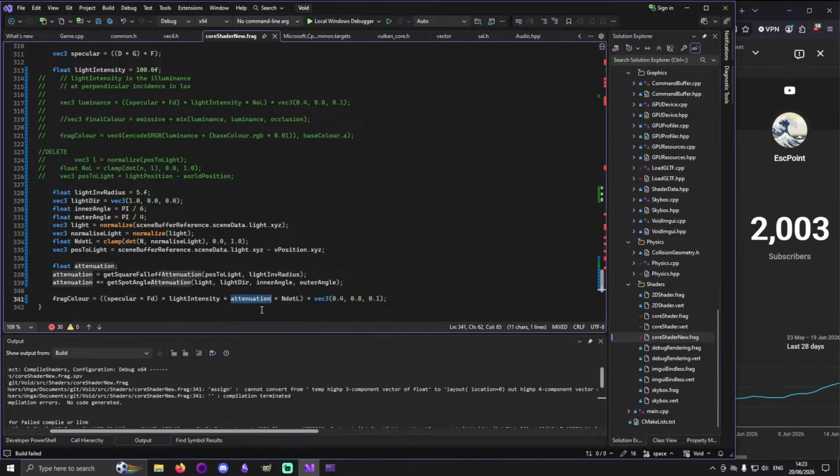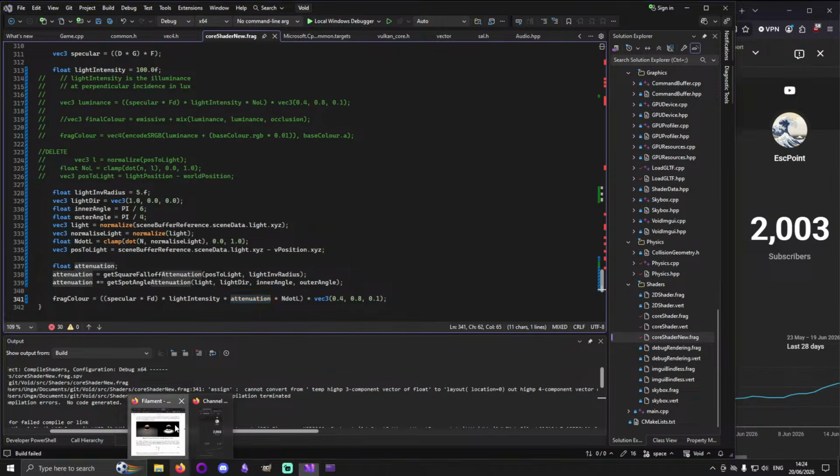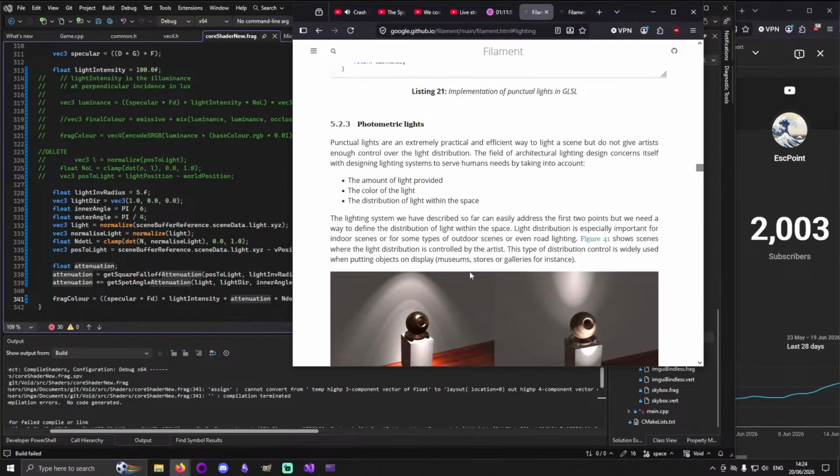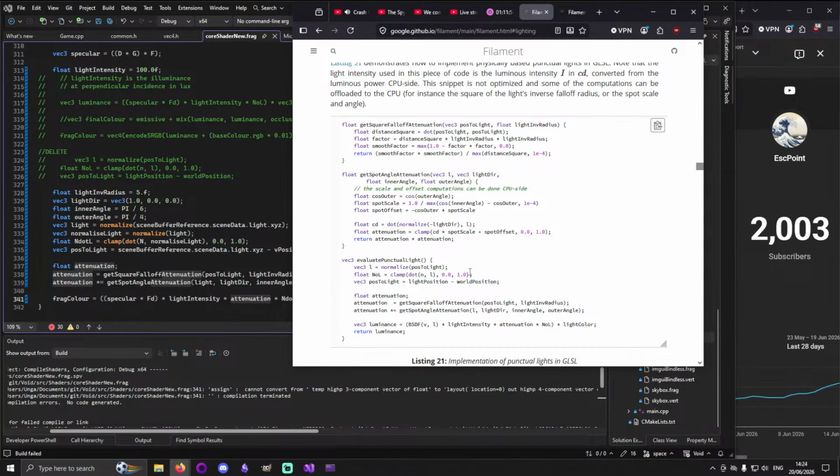Okay. Surely you should be able to do this. Let me look at the filament code one more time.